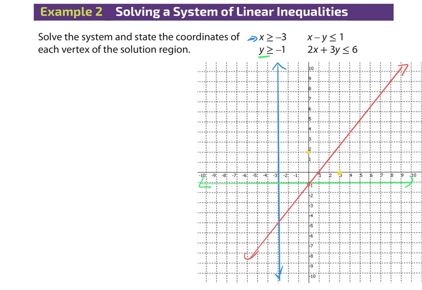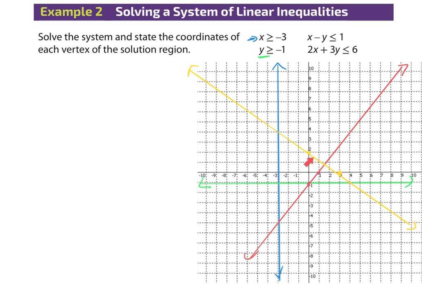All right. So now we need to figure out where it's shaded. So those are my lines. And then I'm going to go to my shading. So for this one, it was greater. So it's this side of that line. It's above the green line. It is below this line right here. And it is below this line right here, right?